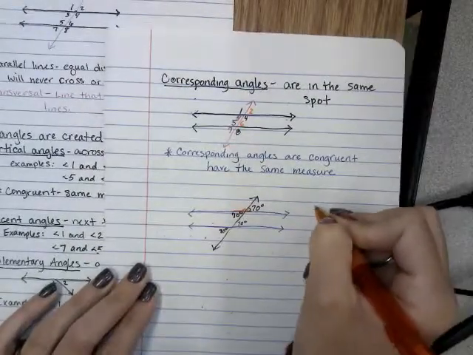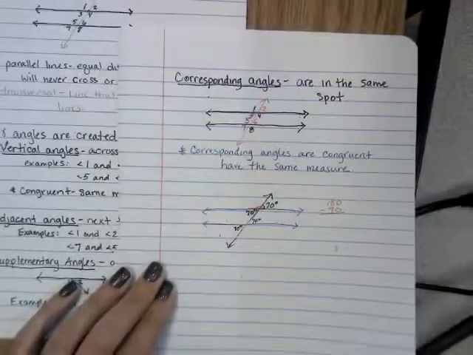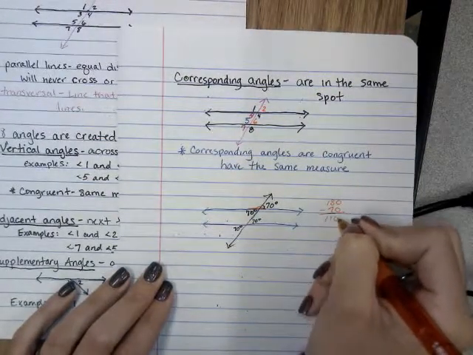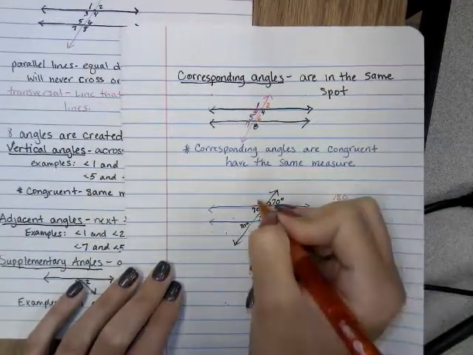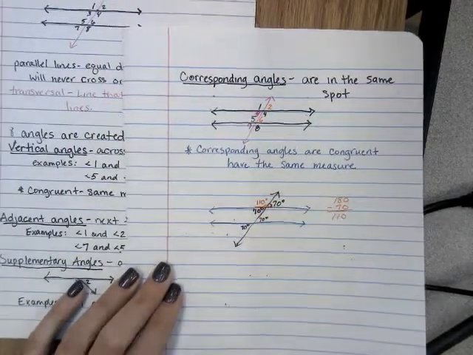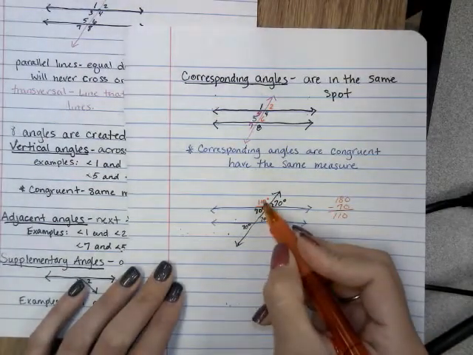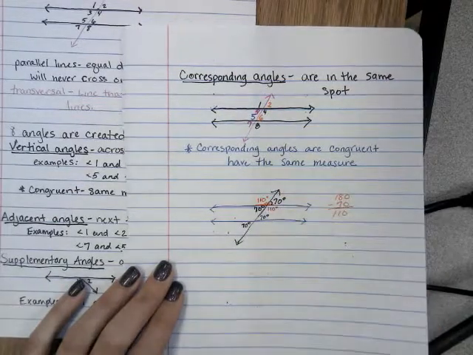So if I take 180 and subtract 70, that will give me the measure of the missing angle, which happens to be 110. Because these are supplementary, this angle must be 110 degrees. If this is 110 degrees, its vertical angle is also 110 degrees.